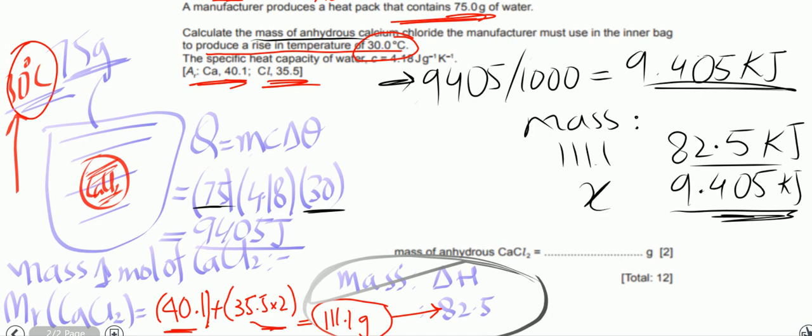And now we just simply have to calculate X, which would be, we'll cross multiply them. So it will be 9.405 into 111.1 divided by 82.5.